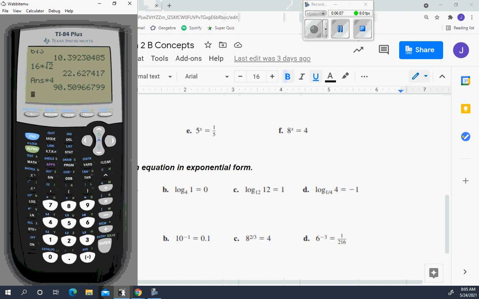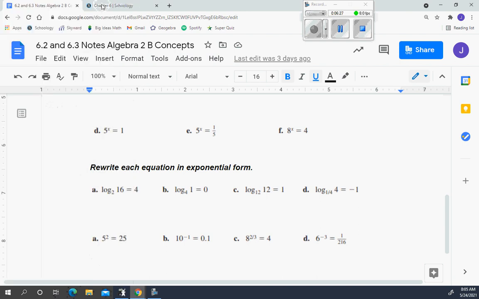We can check our work. 5 to the 1/5. Not quite 1. This is where we have to be really good at exponents. We know that anything to the 0 power is equal to 1. So we know that 5 to the 0 equals 1. So I know that log base 5 of 1 equals 0.